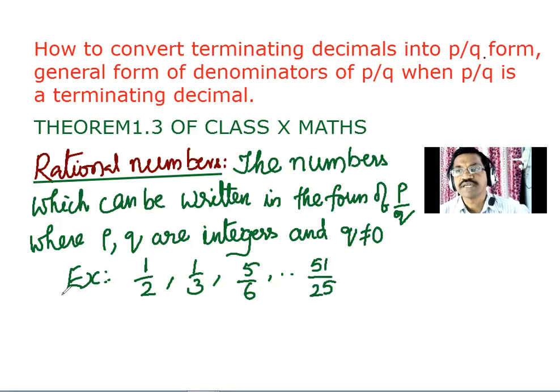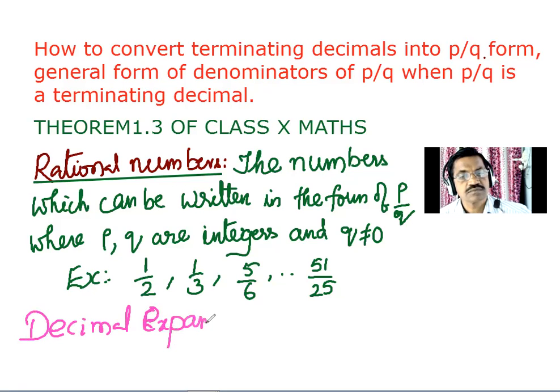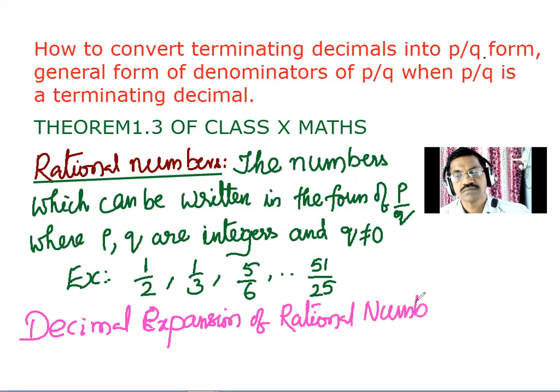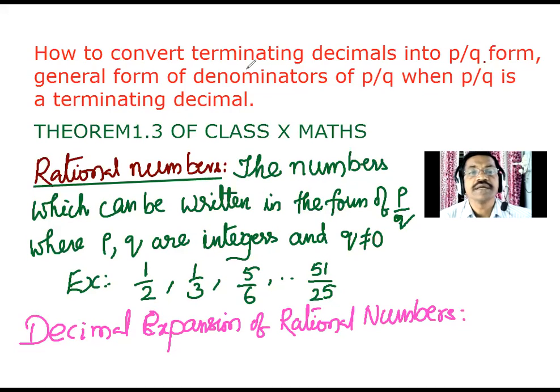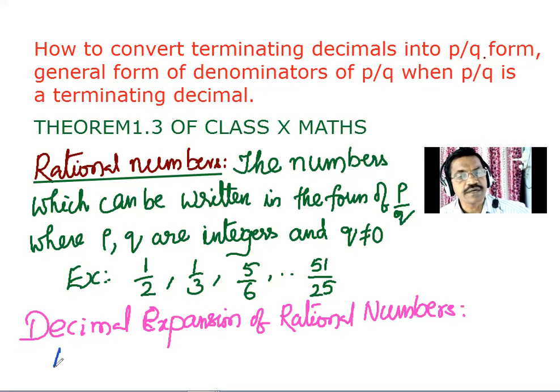So we can represent rational numbers in decimal forms. This is called decimal expansion of rational numbers. That means representation of rational numbers in decimal form.